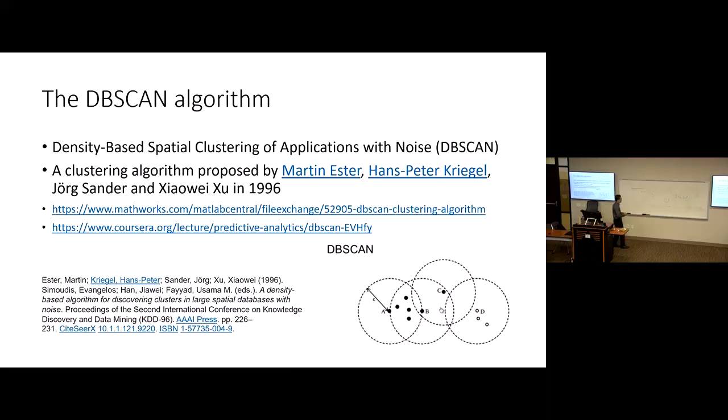Okay, so in order to solve this density problem, people developed the so-called DBSCAN algorithm, density-based spatial clustering of applications with noise. It's a paper published in 1996 that described this algorithm. There are a lot of references about it.